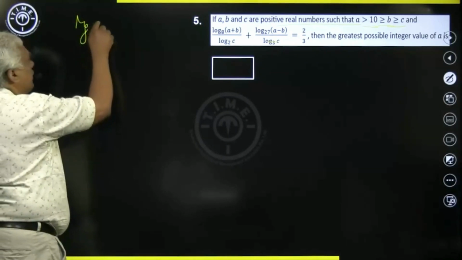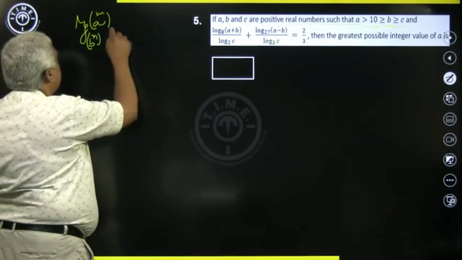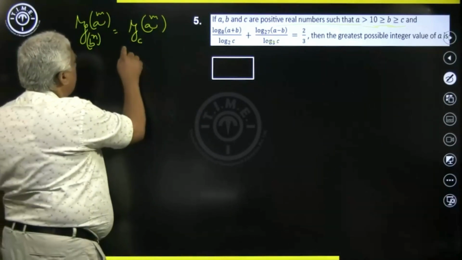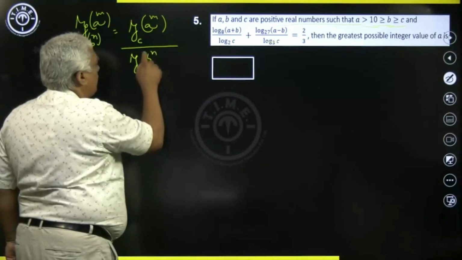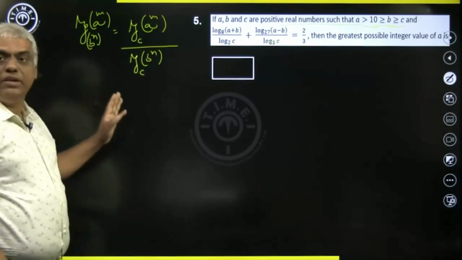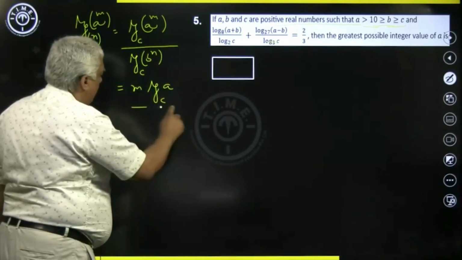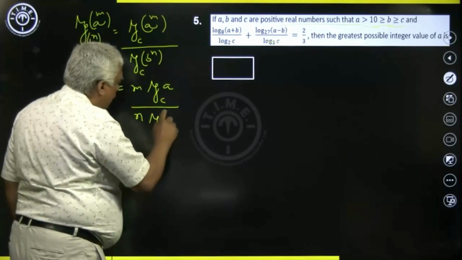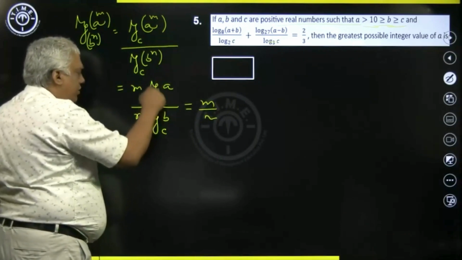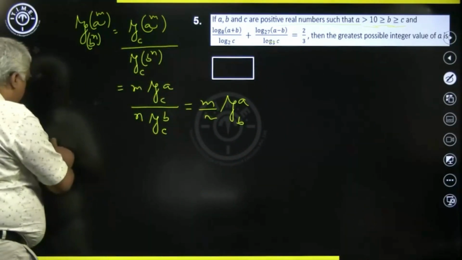You know that log of a to the power m, with base b to the power n, I can write as log of a to the power m to a different base c divided by log of b to the power n to the same base c. The m will come in front: m times log of a to the base c divided by n times log of b to the base c, so it is m by n times log of a to the base b. So, we can use this formula.